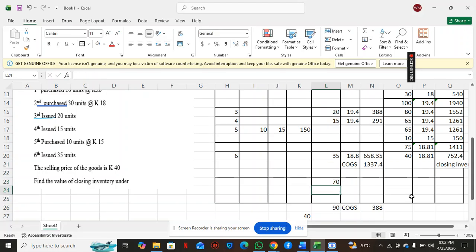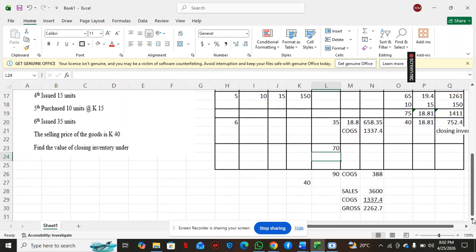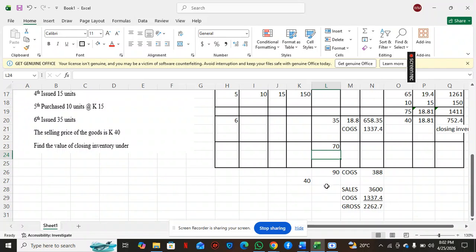We sold a total of 70 goods. In the question, it tells us the selling price of the spare parts is 70 kwacha, I mean, it's 40 kwacha. So we sold 70 spare parts valued at 40 kwacha each, so our sales revenue is 2,800.